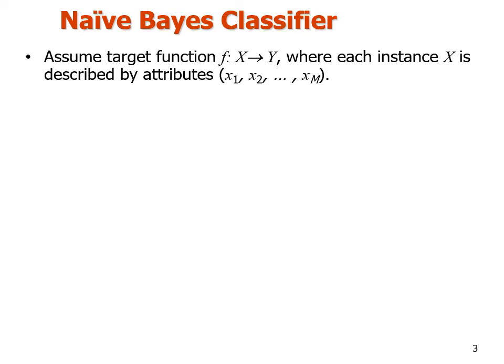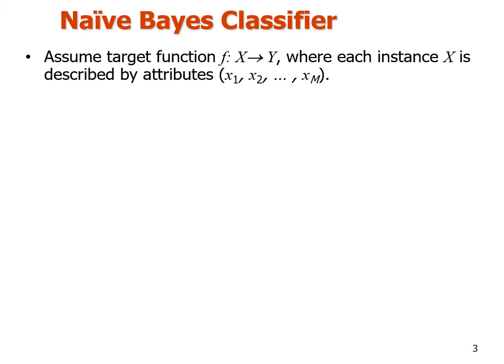So we are talking about a classification problem wherein we are provided with a data set in which we have instances like x. Every instance is described with m number of attributes, and we would like to build a classifier that will classify the instances with some label. So y corresponds to a set of labels or the predicted values.